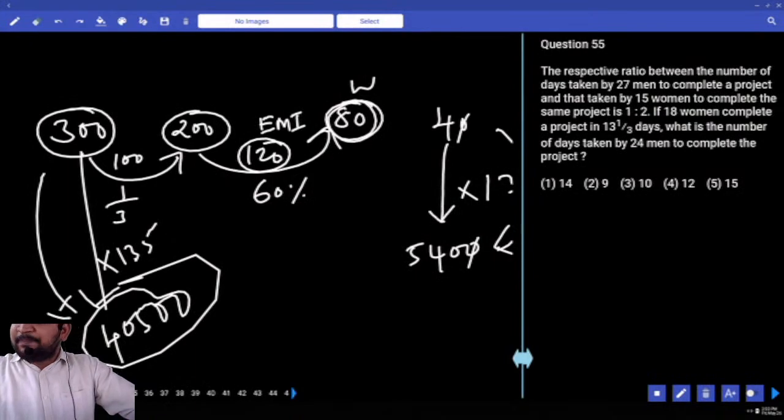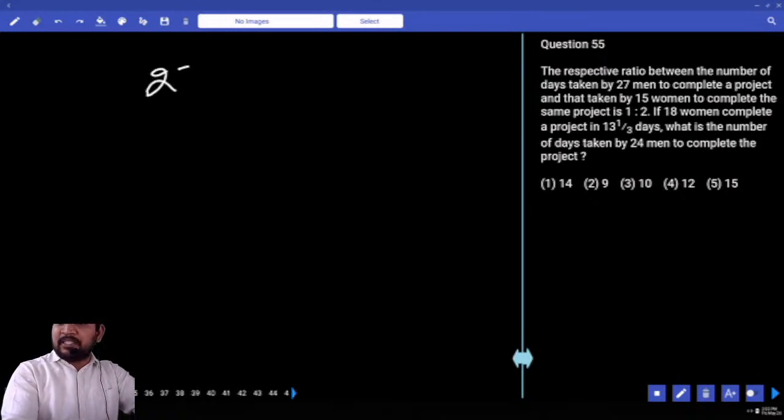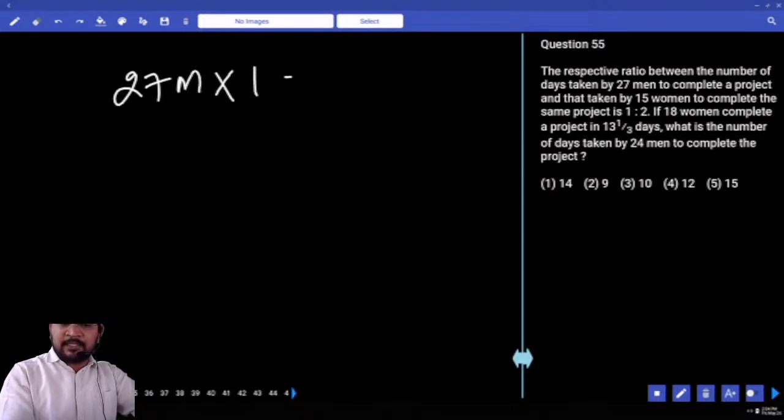Next question. The respective ratio between the number of days taken by 27 men to complete a project and that taken by 15 women to complete the same project is 1:2. Okay, no problem. If 27 men are there, how many days would they take? One part of days. 27 men will take 1 part days.